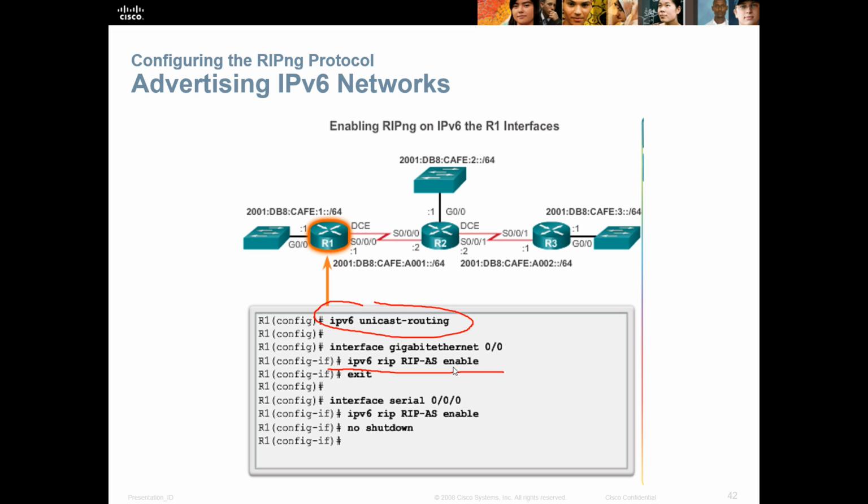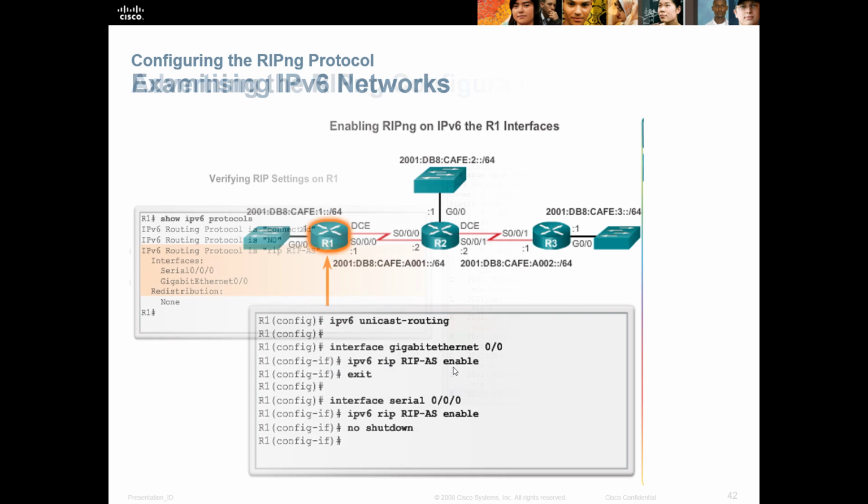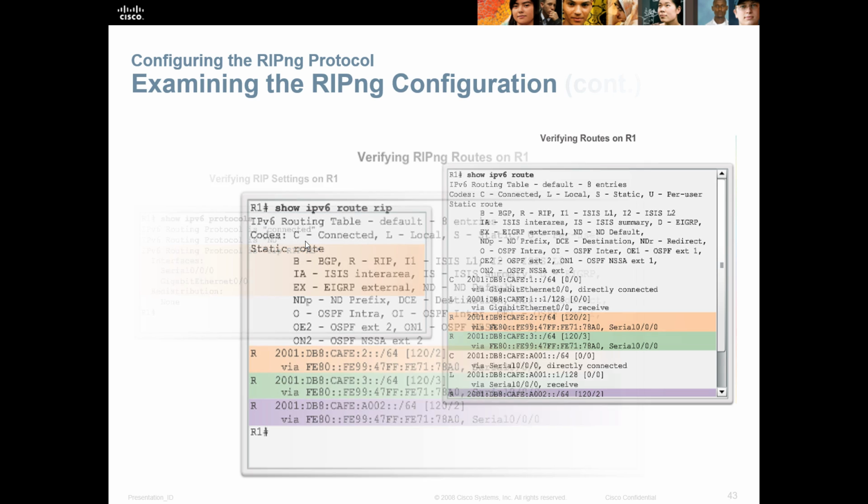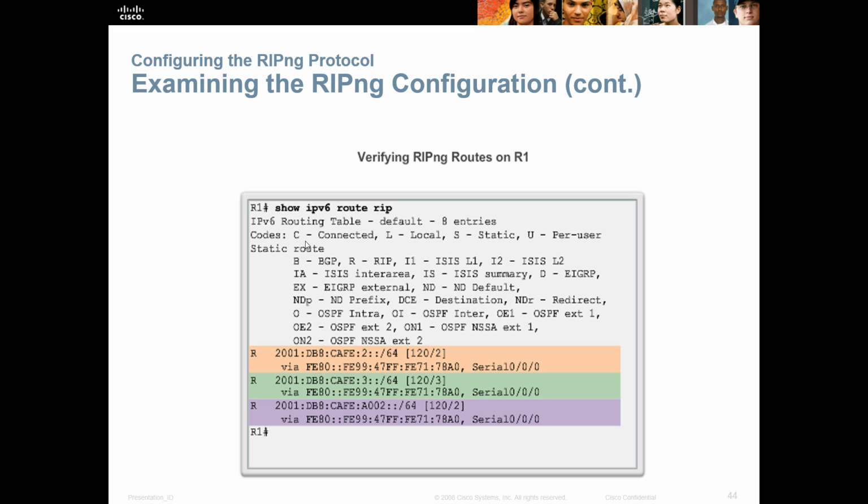And we're going to do that through both interfaces. So we can do a show IPv6 routing protocol to show that it's working. The routing protocol is going to be using the RIP AS. So if we do a show IPv6 route RIP, you can see all the appropriate learned routes.